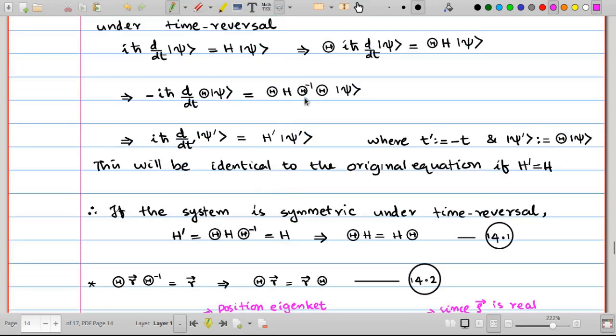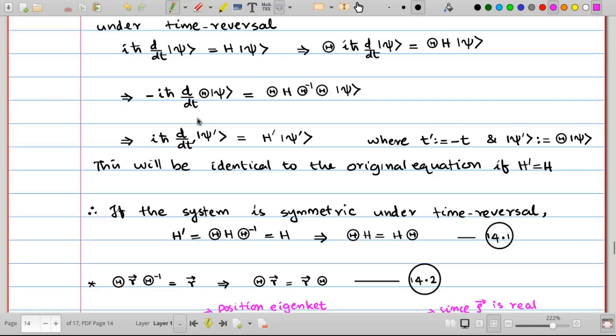Now theta H theta inverse is the transformed Hamiltonian operator, and we call it H dash, and calling theta psi as the transformed ket psi dash, this equation can be written as minus iħ d/dt psi dash equals H dash acting on psi dash.